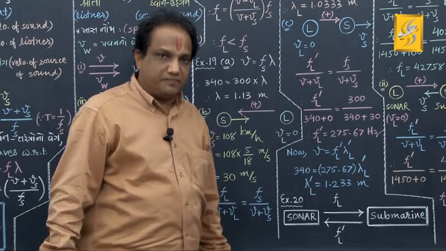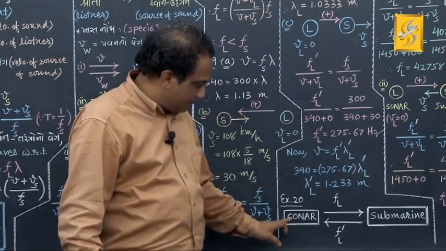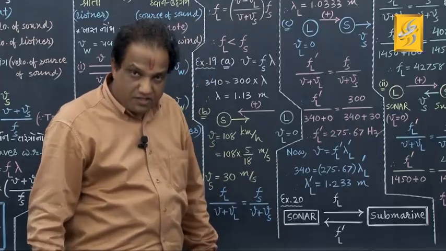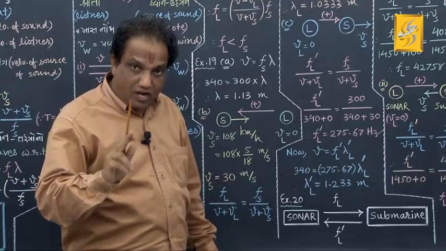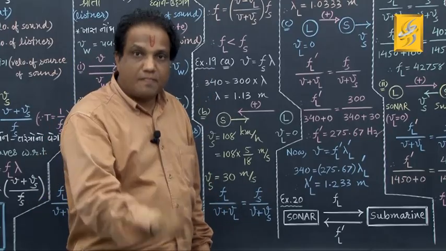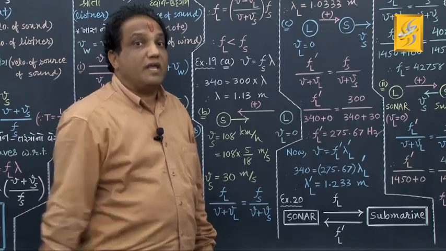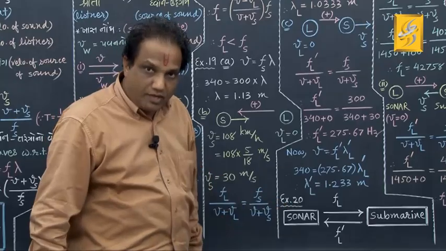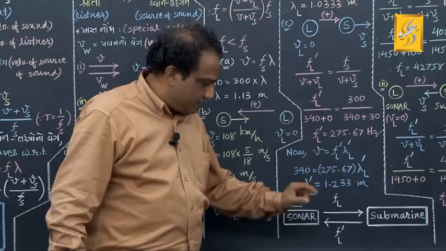Read it? Fine. You must have read a new word, sonar, S-O-N-A-R. This is an abbreviated form, called an acronym. When you pick the first letter from a group of words to coin a new word, it is called an acronym, and this is an acronym for the phrase sound navigation and ranging.